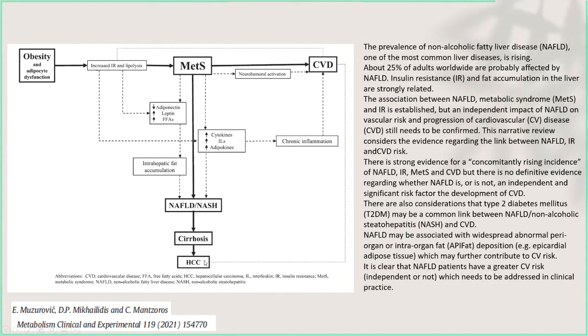And then, of course, it can go on to cirrhosis and hepatocellular carcinoma. And then there's chronic inflammation. And these, of course, are all linked to diabetes. So there is increasing incidence of obesity, metabolic syndrome, and CVD. And of course, NASH is also directly a consequence of all of these things.